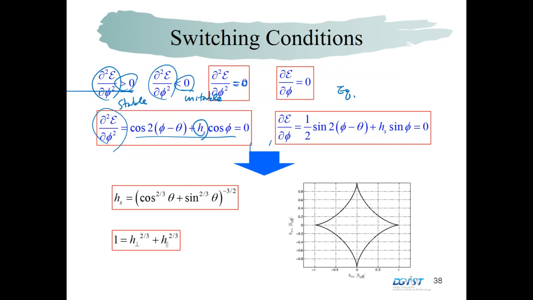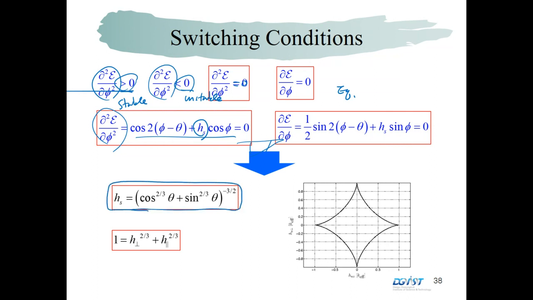So by combining these two equations, yeah, this is the equation for the angles phi and theta, but now we want to find the H_S. By combining these two equations, you can obtain this relation.